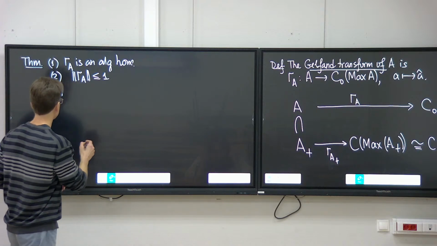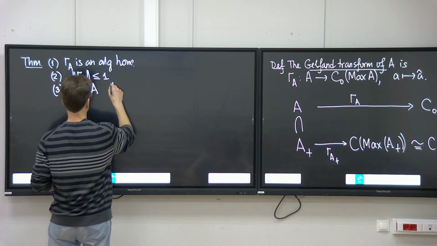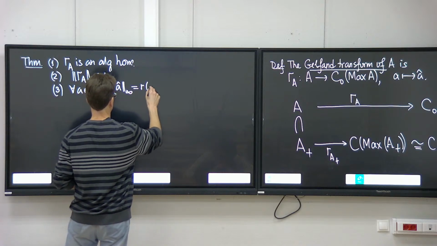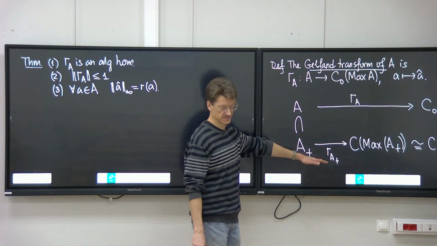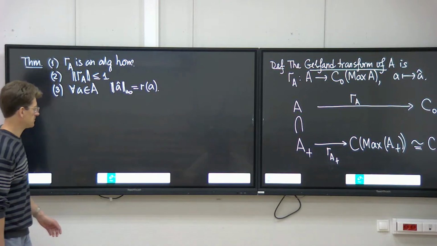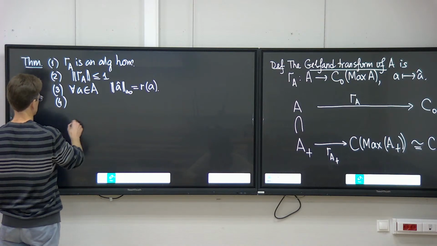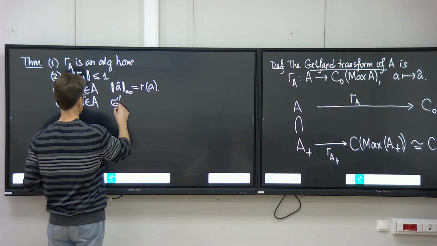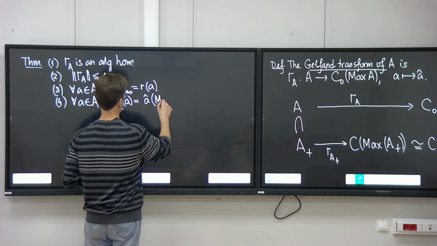Property 3, for every element a in A, the supremum norm of a hat over the maximal spectrum is exactly the spectral radius of a. Well, this is true because this is true for the Gelfand transform of A plus. So we simply restrict, we use this diagram, and we get this equality. Property 4, for every a in A, the non-unital spectrum of a is almost the range of a hat.